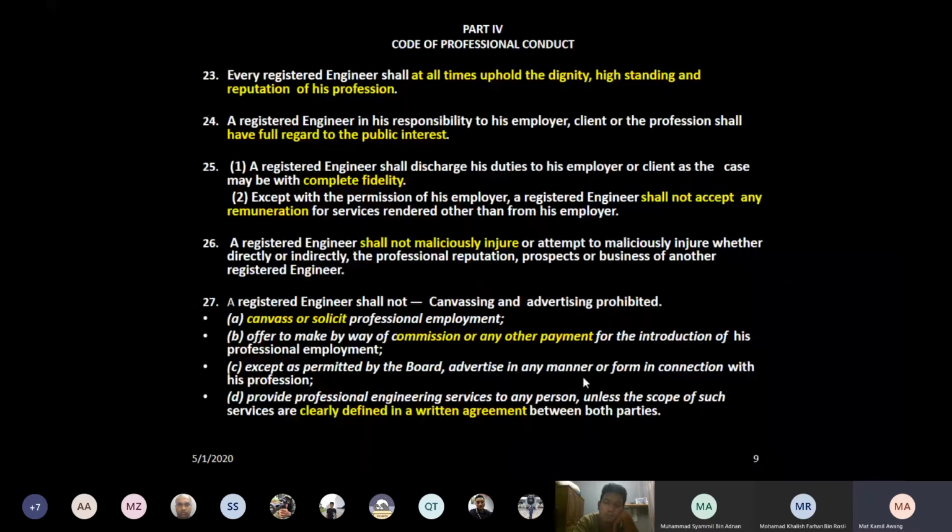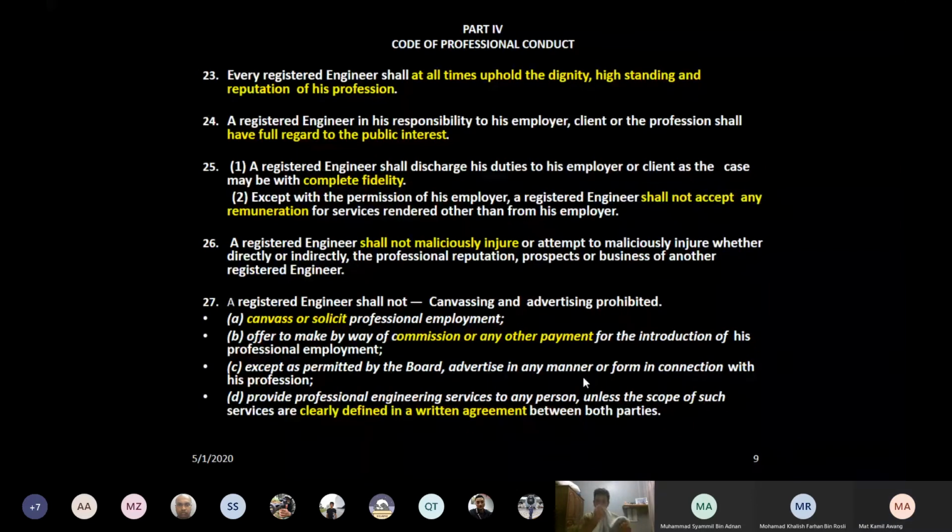Start with Article 23, or Perkara 23. It says that every registered engineer shall at all times uphold the dignity, high standing, and reputation of his profession. So all engineers registered under the Board of Engineers must uphold the dignity, high standing, and reputation of the engineering profession. That is the first one.